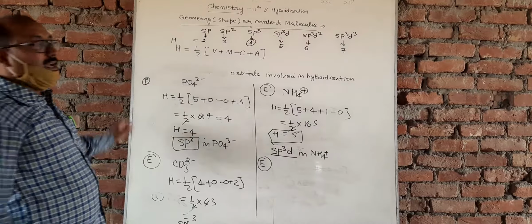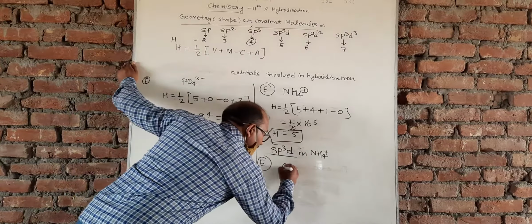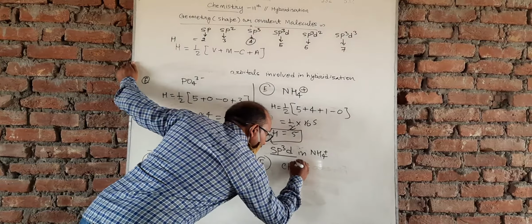Let us also take another example of a cation, CH3 plus. The value of H equals 1 by 2, the central atom is carbon with 4 valence electrons, and hydrogen is a monovalent atom, so M equals 3. The number of cations is 1 and the number of anions is 0.